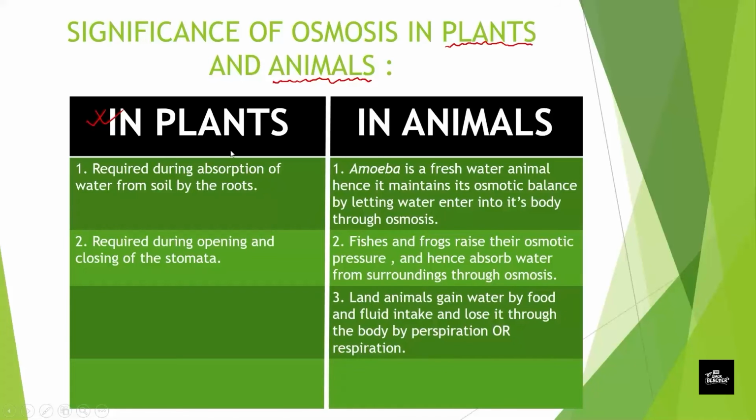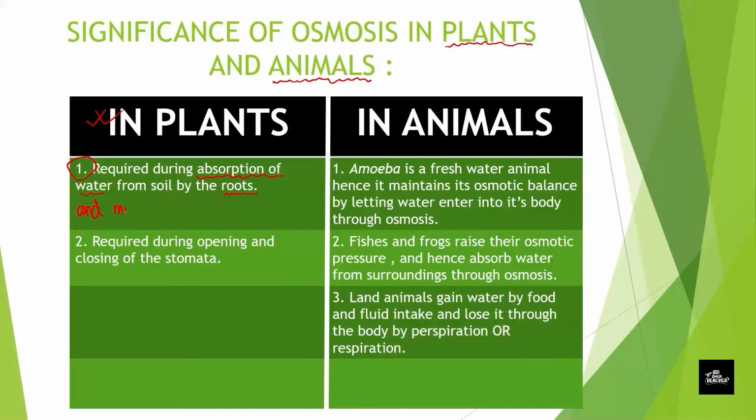We have discussed this plenty of times. Absorption by roots needs the process of osmosis, so osmosis is required by plants for the absorption of water and minerals.